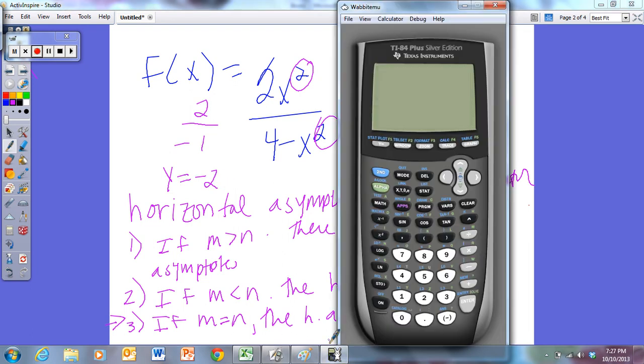Now let's look at the graph. On the calculator, y equals 2x squared divided by, actually I have to put that in parentheses because it's a power.